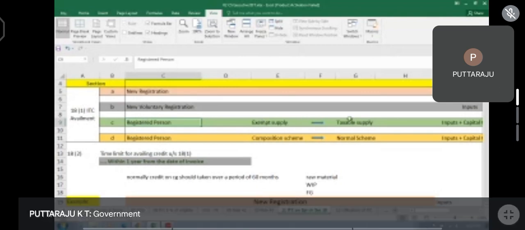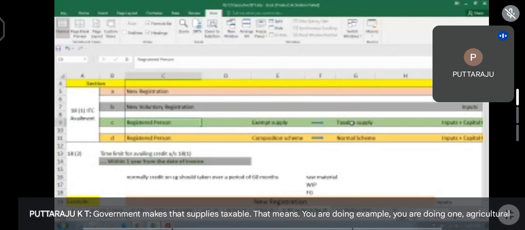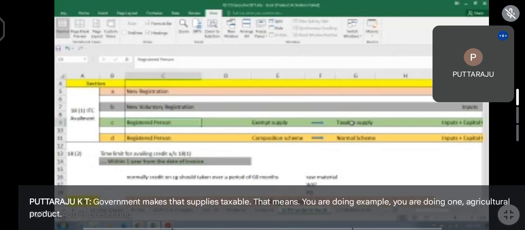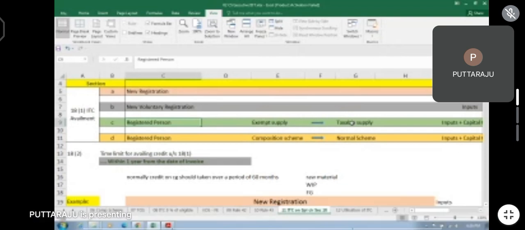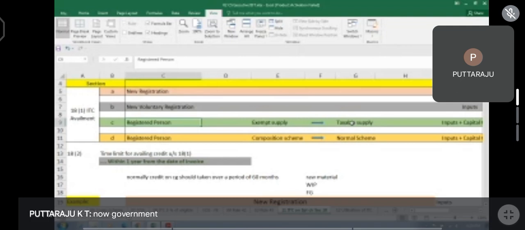Government makes that supply taxable. For example, you are doing one agricultural product which was exempted earlier. Now government made that product taxable.